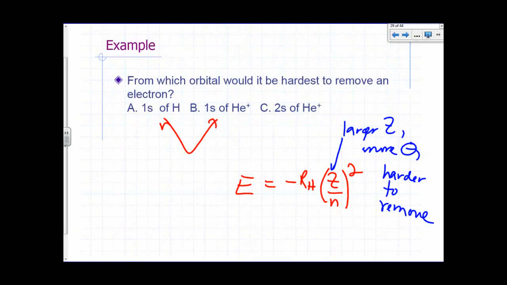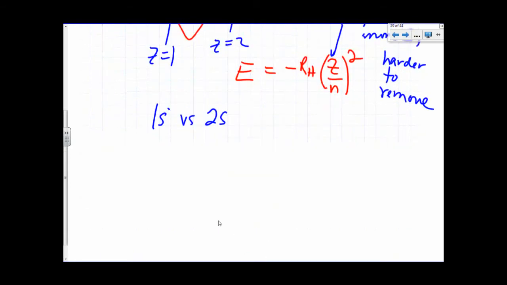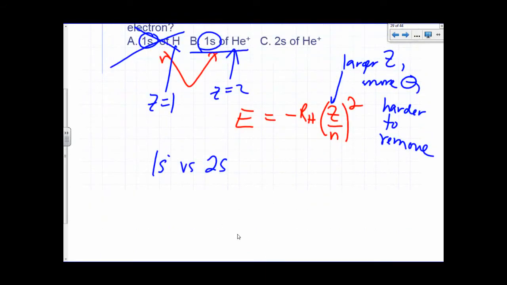Okay, so let's compare hydrogen 1s versus helium plus. Z here is equal to 1, Z here is equal to 2. So it's harder from helium plus. So the answer can be A. Now let's compare 1s versus 2s. Well, what does 1s versus 2s do? For 1s, n equals 1.